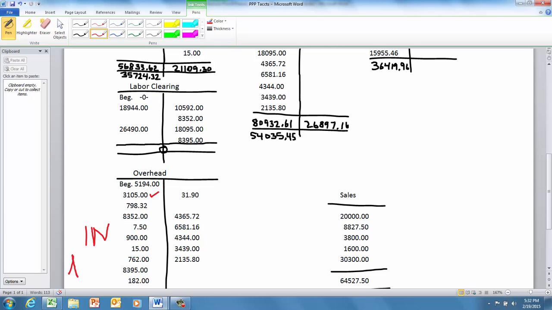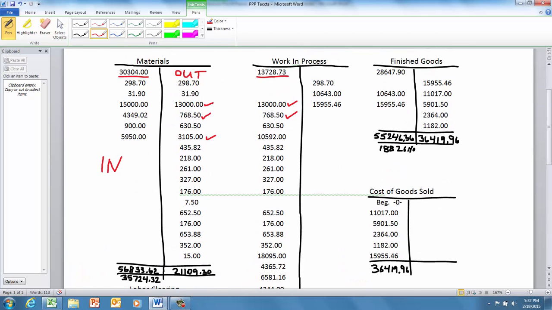It's also called the actual cost. Okay, and then the overhead that I apply is going on the right side, on the outside. So this is on the actual cost side. So as soon as I have anything that's an actual overhead cost, I'm going to have to go to my overhead analysis sheet. And of course, I also have to show that 3105 on the materials ledger.